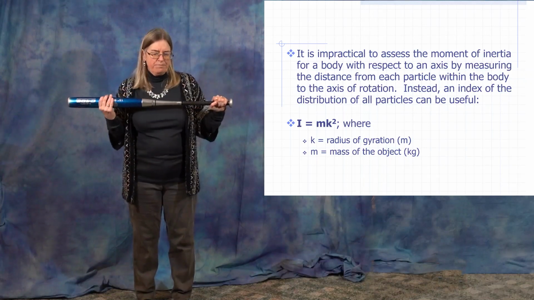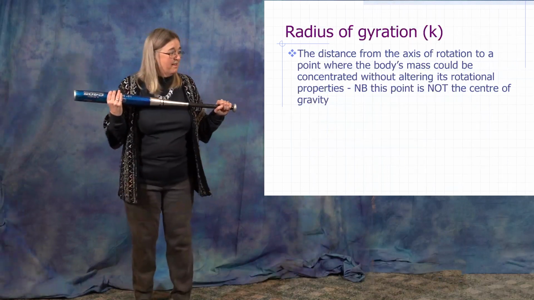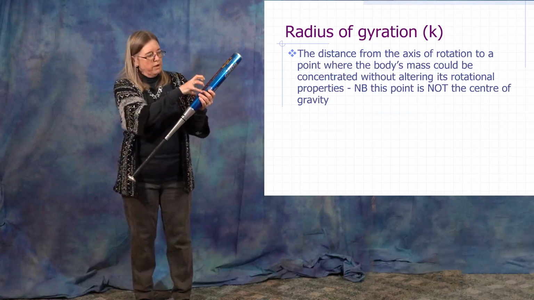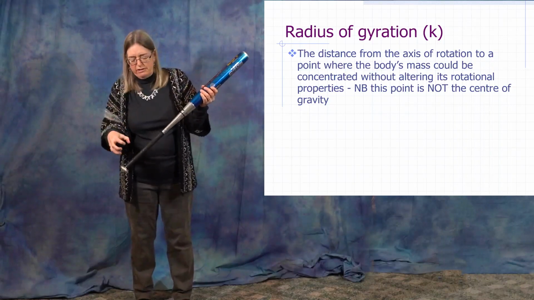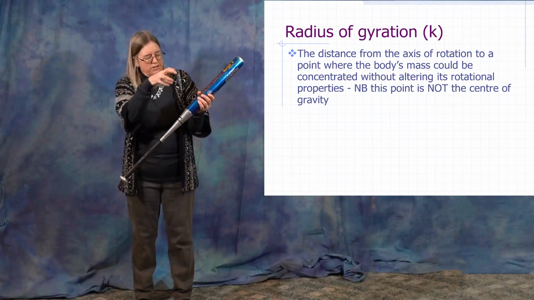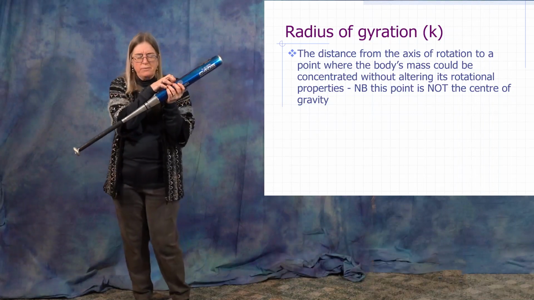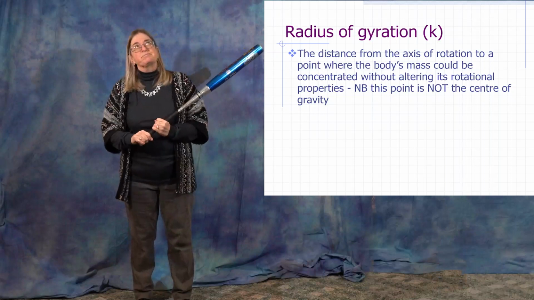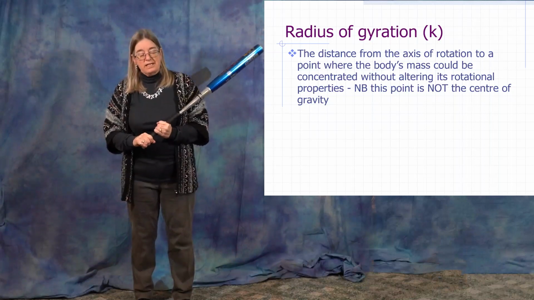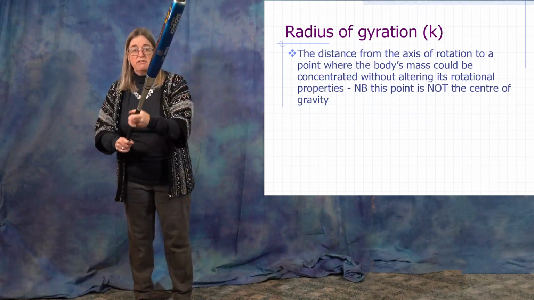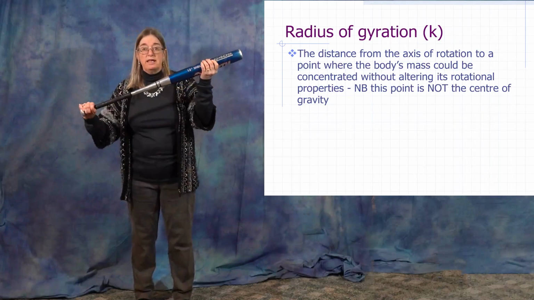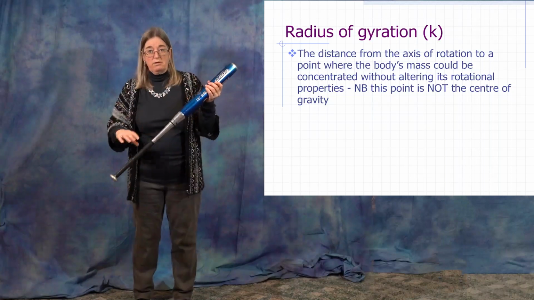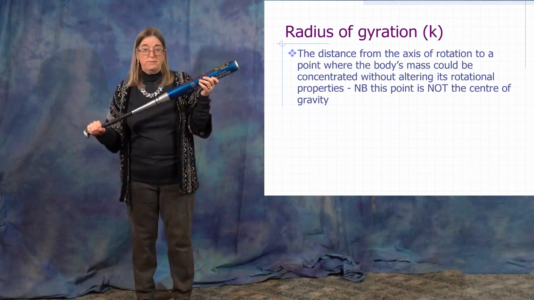And k is the distance from the axis of rotation to a point on this. If I took all of the mass and centered it in one location, it would have the same resistance to angular acceleration that adding up all of the individual squared little particles would.